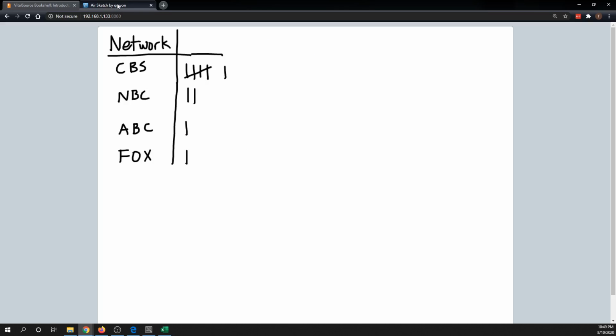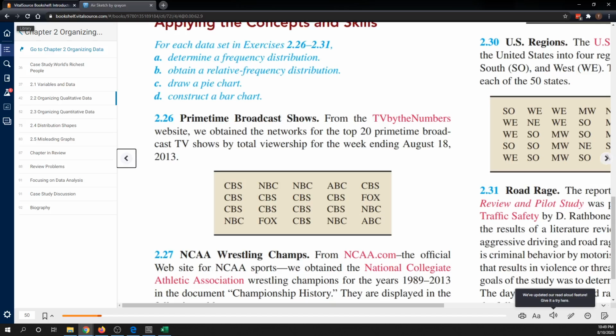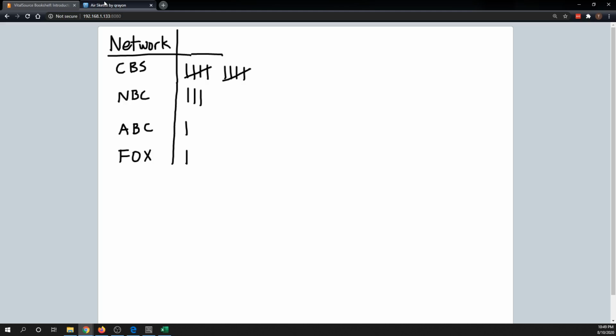That's what I've got so far on the second row. Hopefully that's right. It is a little hard to keep track like this. Then I have 1, 2, 3, 4 CBSs, and then 1 NBC here. All right, so that's what I've got.